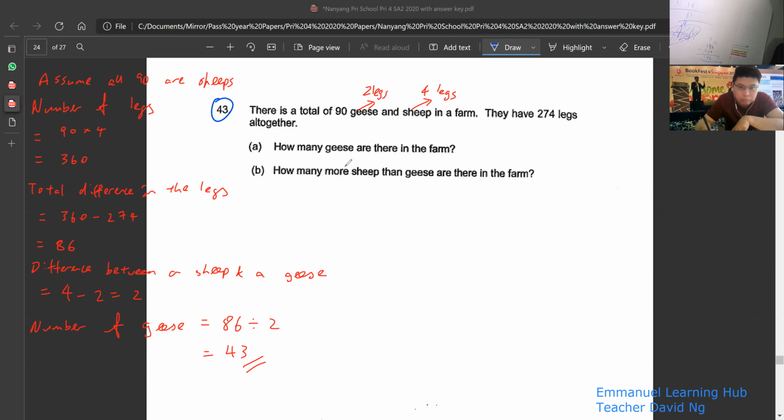Okay, so you know there are 43 geese, right? So number of sheep will be 90 minus 43. 47. Agree? That's the number of sheep. Question is not asking for number of sheep. Question is asking how many more sheep than geese.